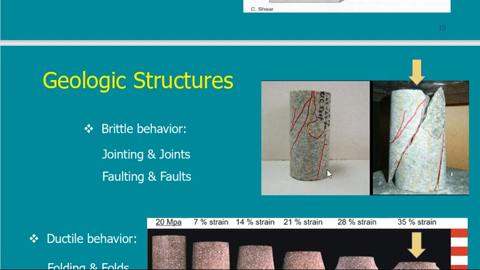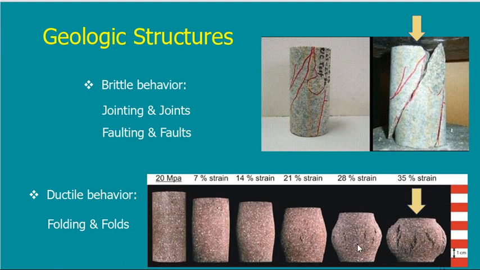If the behavior of the rock is brittle, then it will be cracked, regardless of which level of force it will crack at. But finally it will crack. And if it is ductile, then it will not crack. It will just be deformed, something like clay.